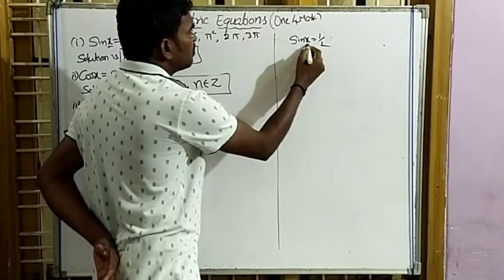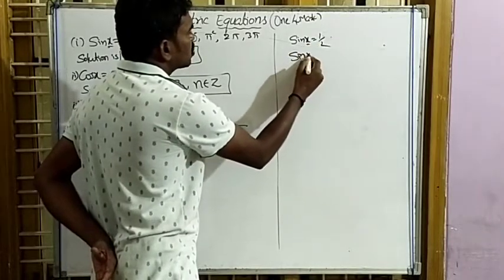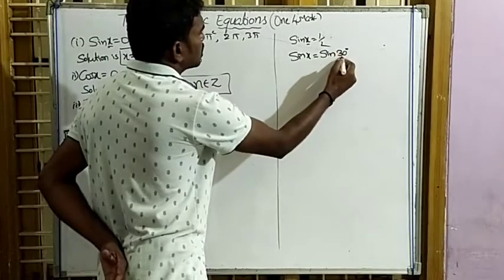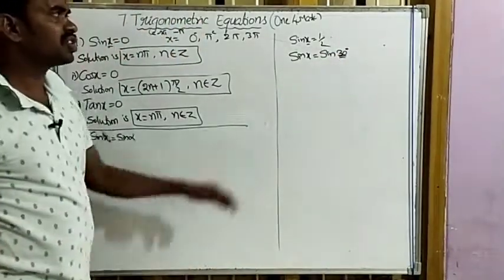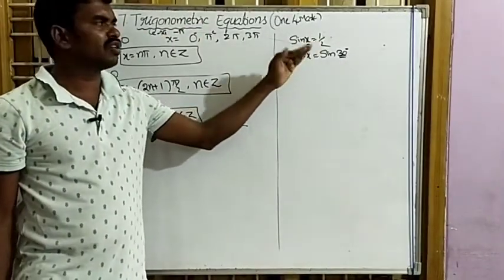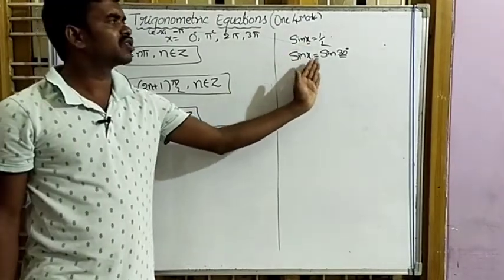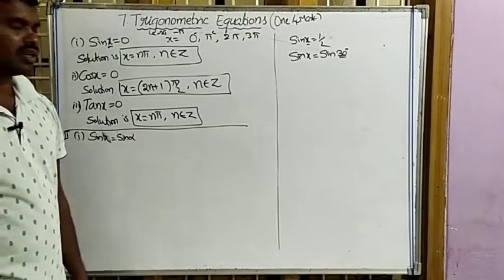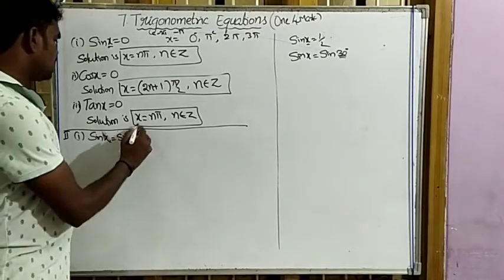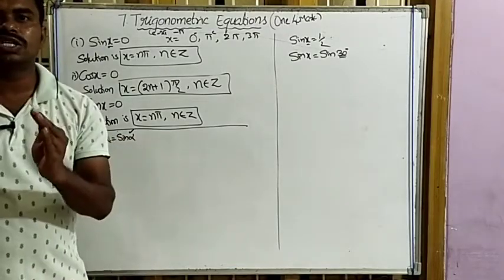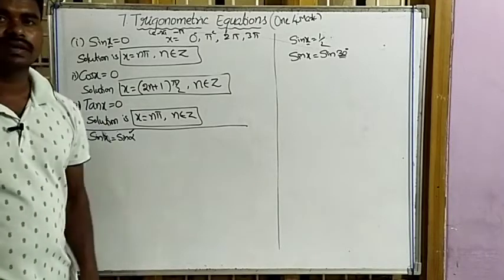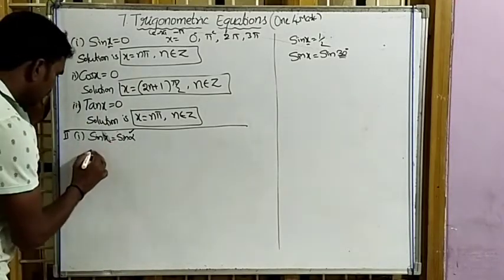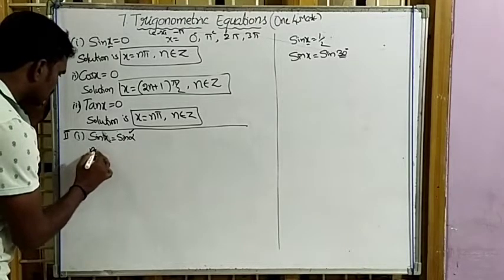So what is the x value here? Sin x is equal to, we can write simply, sin 30 degrees. So whenever the value is other than 0, we can convert it in the form sin x is equal to sin alpha. This alpha is taken as the principal solution. So before writing the general solution, we first write the principal solution.